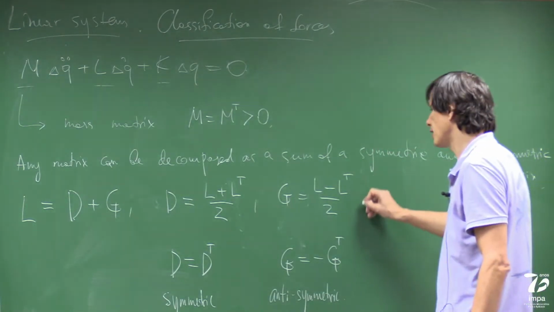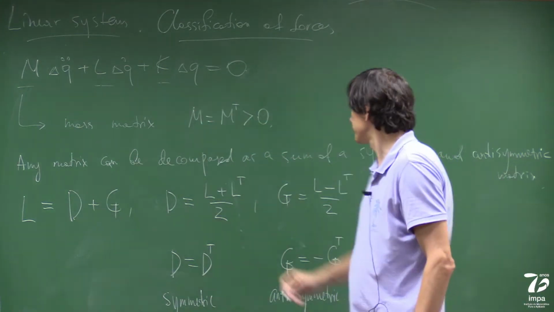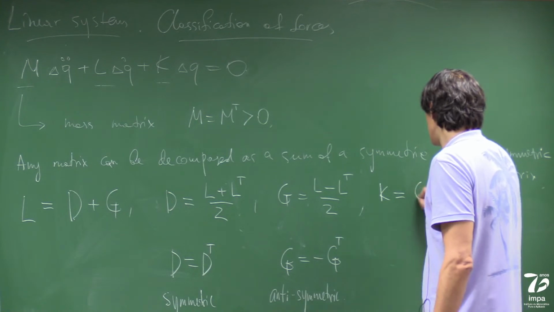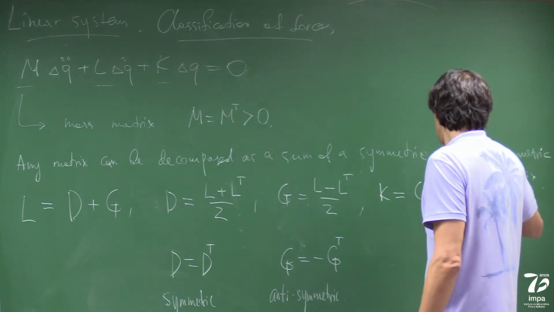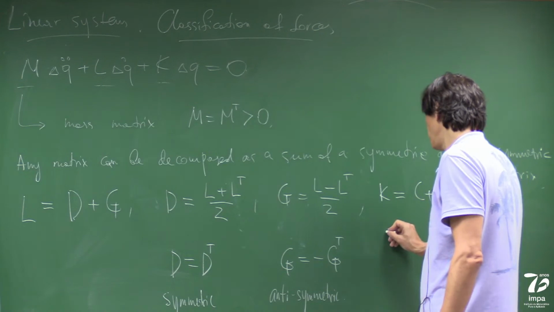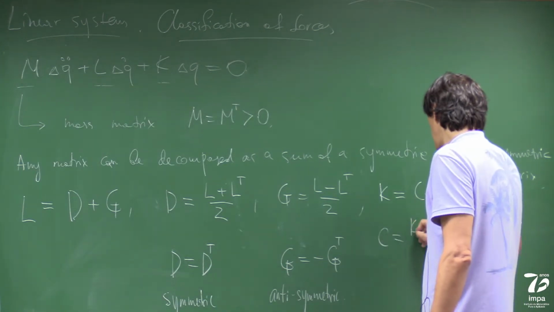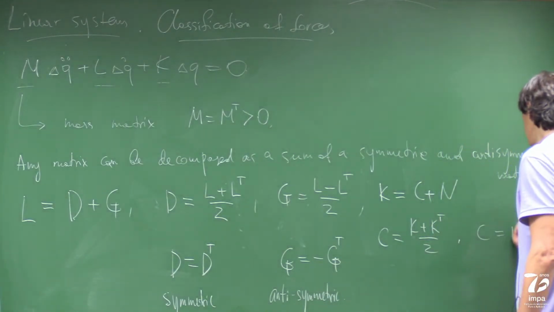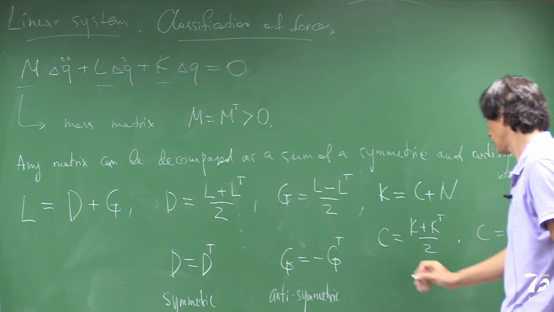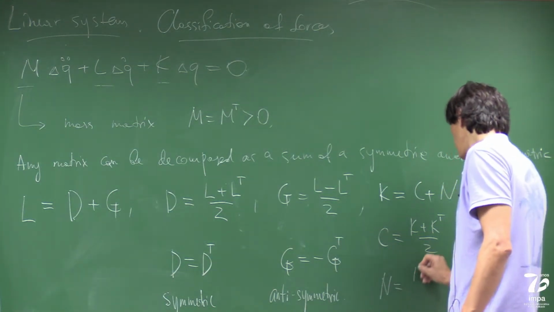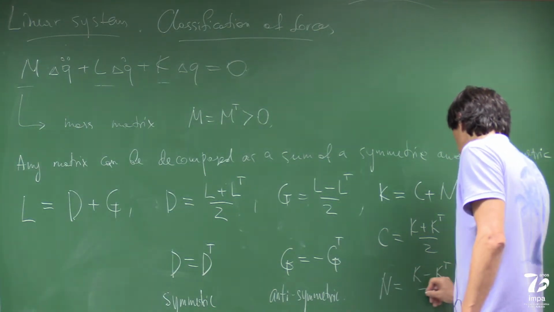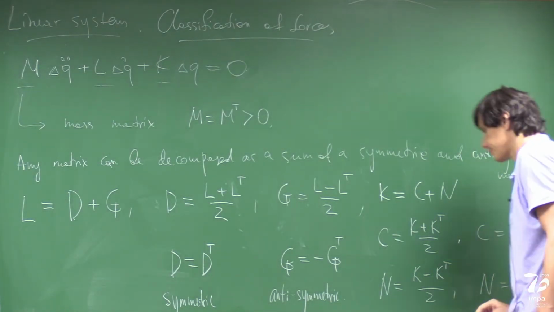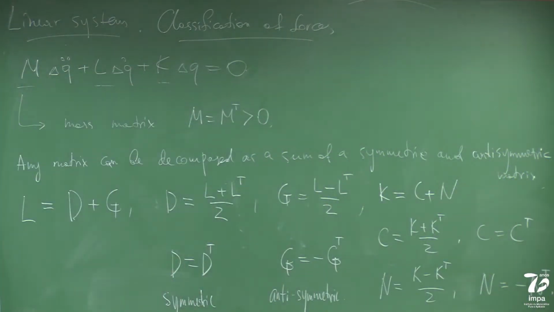And of course, you can do the same for the K matrix. We write K equal to C plus N. C will be K plus K transposed over 2, symmetric. And N will be K minus K transposed over 2, antisymmetric. That's a convenient decomposition.